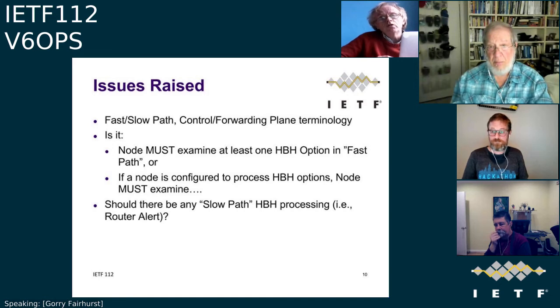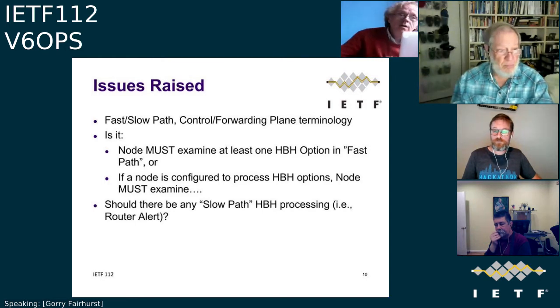This is a constraining factor if we go down this path. It might break some people's ideas of what they want to do with hop-by-hop options. On the other hand, it might enable people to do at least one hop-by-hop option and in future get maybe more. So this is a thing to consider if you've got an application that uses hop-by-hop options. Next slide.